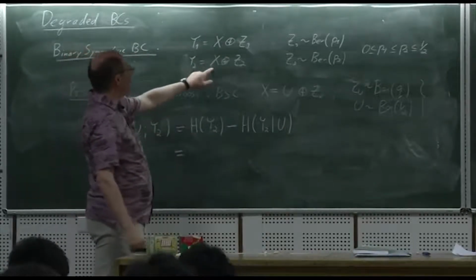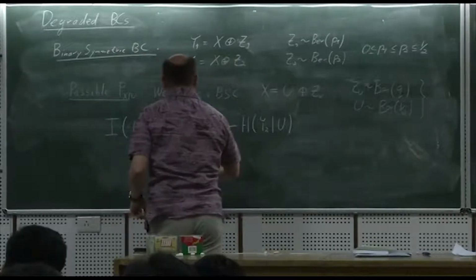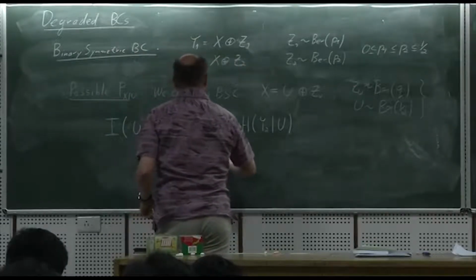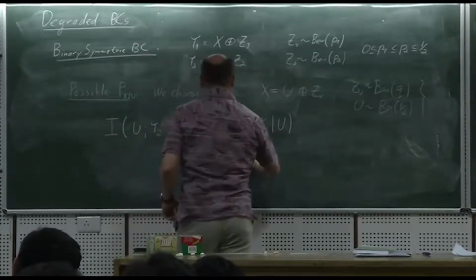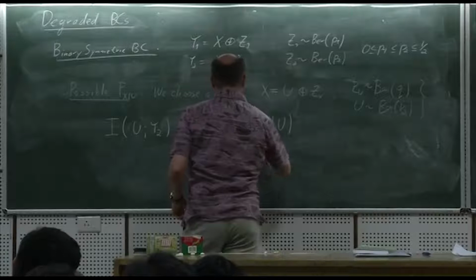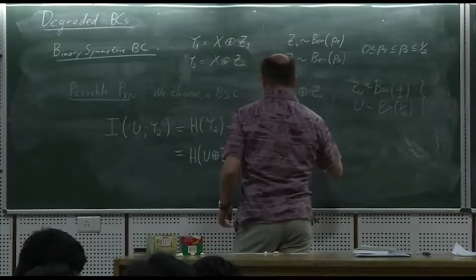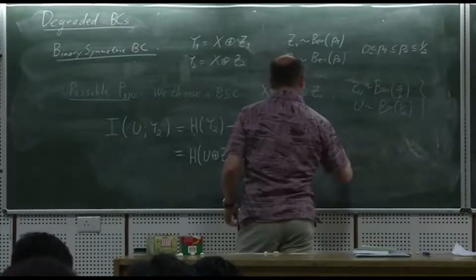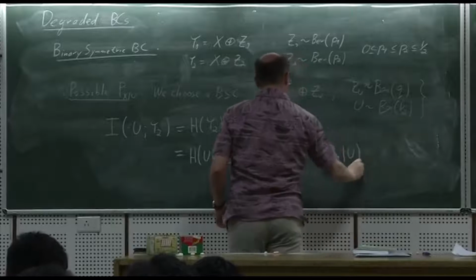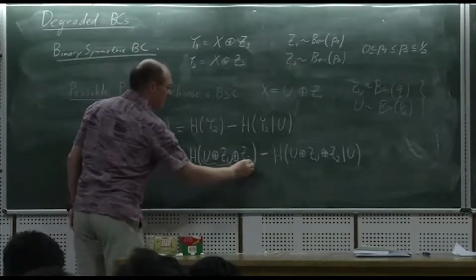Y2 is X XOR Z2, and X is U XOR ZU. So this is the entropy of U XOR ZU XOR Z2, minus H of U XOR ZU XOR Z2 given U.